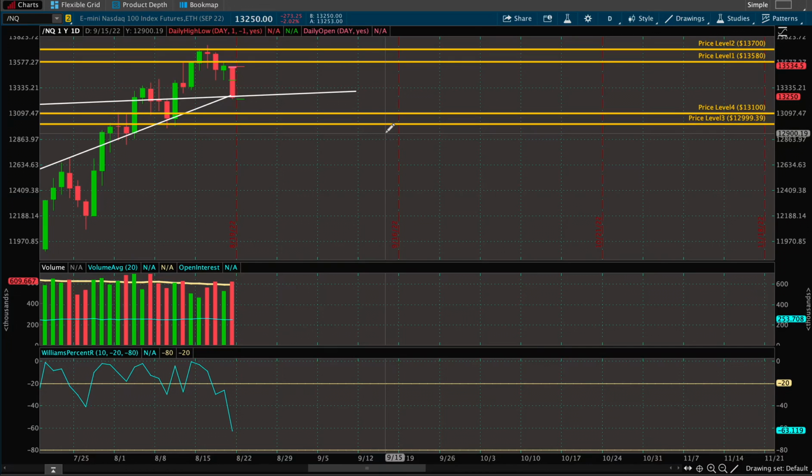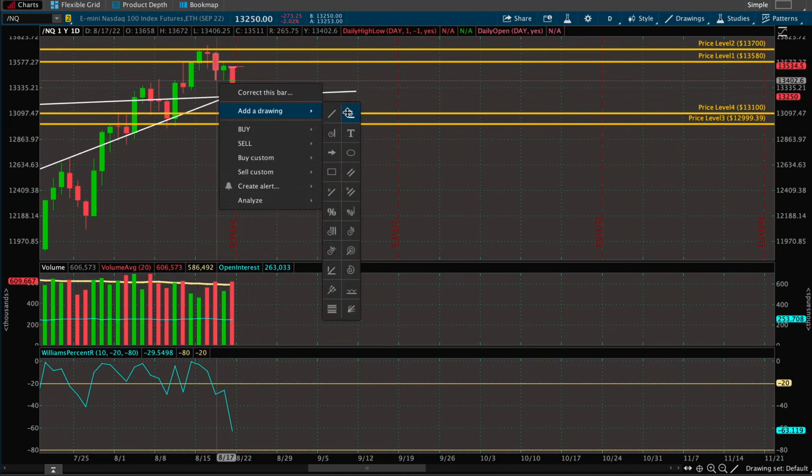I will talk about that a little bit soon. So 13,000 is what I'm looking at. So let's say 13,000 all the way to this area of 12,813 is the area where there would be a lot of support. So I'll still continue on my short, and I'll even try to short here again.